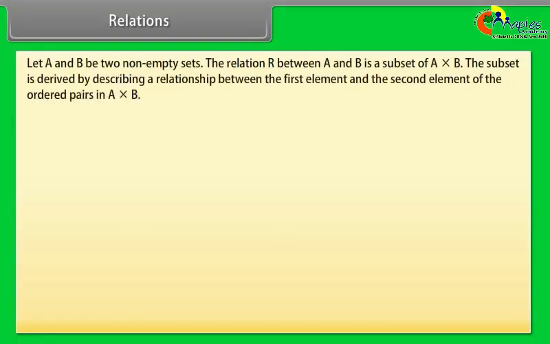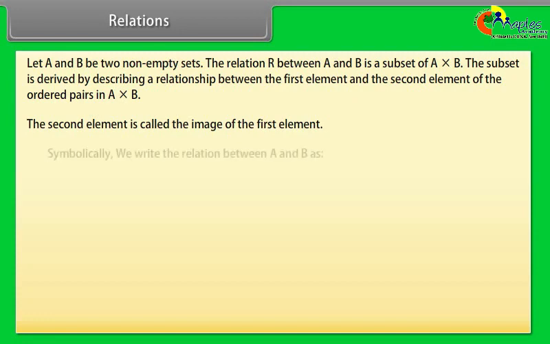Relations: let A and B be two non-empty sets. The relation R between A and B is a subset of A cross B. The subset is derived by describing a relationship between the first element and the second element of ordered pairs in A cross B. The second element is called the image of the first element.